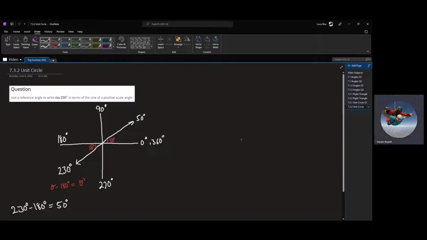Now that we've found our reference angle, let's talk about what this question's actually wanting. It's wanting us to be able to describe this angle here in another way. And let me show you what I mean by that. There's a few ways we can describe the angle sine of 50 degrees.